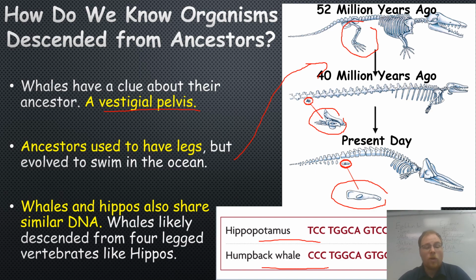They both have a large amount of similarities, so whales likely descended from something closely related to hippos. They're not terribly related, but there is probably a branching off between one organism that led to whales and another organism that eventually evolved into hippos. They both share a common ancestor.